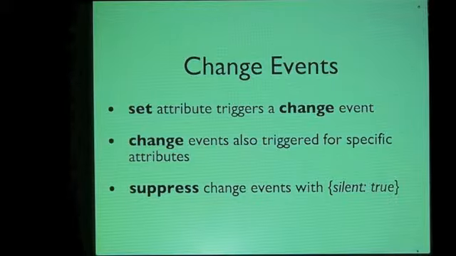If you're going to call a change on this attribute or this attribute, you can suppress it all by passing silent true, and then no change events will get fired. Sometimes we'll see that this pattern works well when you're changing things over iterations or iterators.